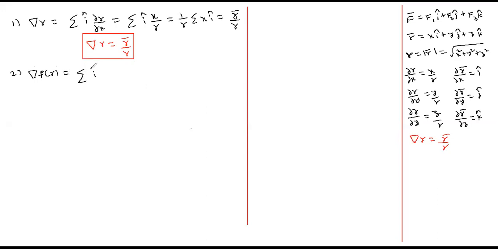Sigma i dou by dou x of f of r. Can you tell me what is dou by dou x of f of r? See here, f is a function of r. r is under root of x square plus y square plus z square. That means r is a function of x, y, z.